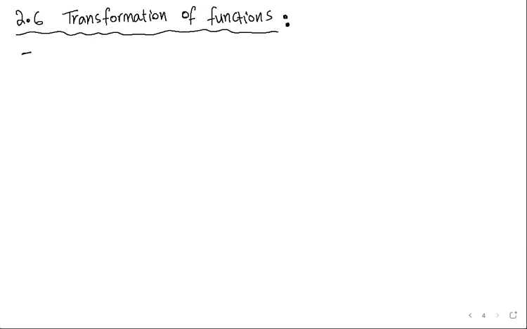By the way, before we start this section, let me show you the graph of some simple functions. We'll graph some simple functions.